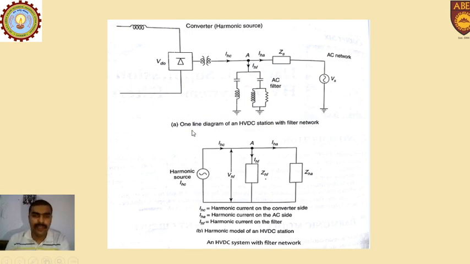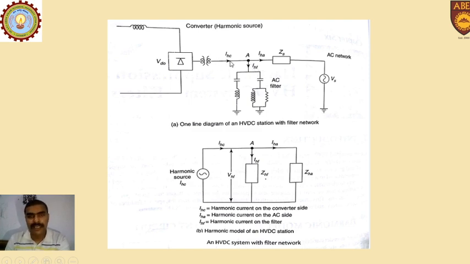This diagram is showing the circuit whenever any filter is connected in the circuit of HVDC system. This is the converter wall. Then this IHC is the harmonic current on the converter side, this IHA is the harmonic current on the AC side, and this IHF is the harmonic current on the filter side.